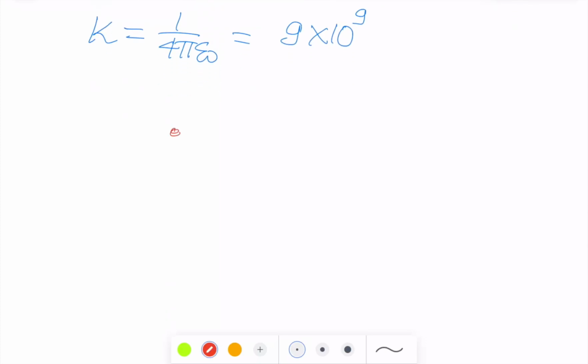If they have same charges, like one is minus Q1, another one is minus Q2, the two charges get repelled.